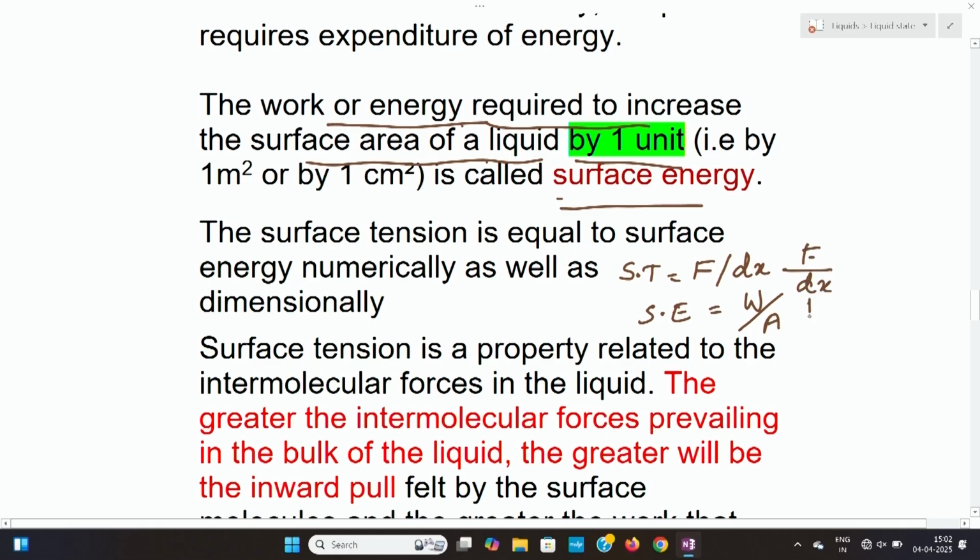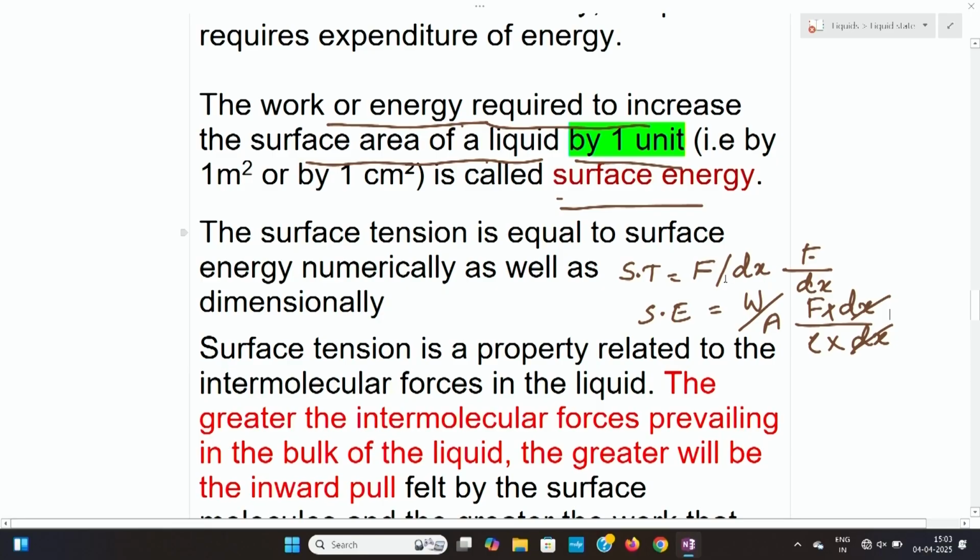Here work is nothing but F into dx, and area also, that is L into dx. This dx and this dx will get cancelled, and finally we will have F by L. Therefore, we can say that the surface tension is equal to surface energy numerically and dimensionally, since both are force per unit length. The dimensions also will be the same.